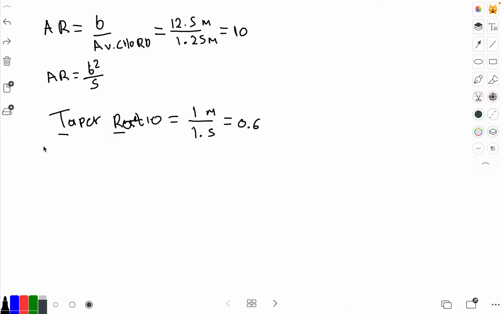We can calculate the area by multiplying the wingspan with the average chord, which makes us 12.5 multiplied with 1.25, which is around 15.5.